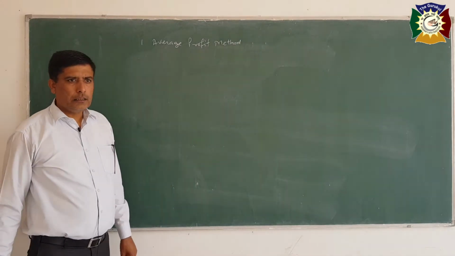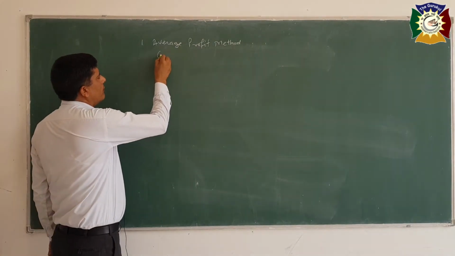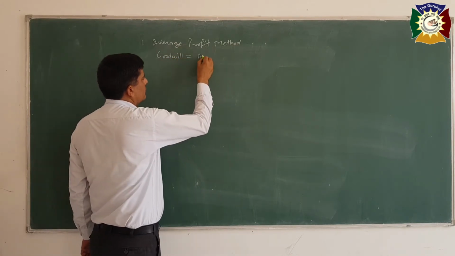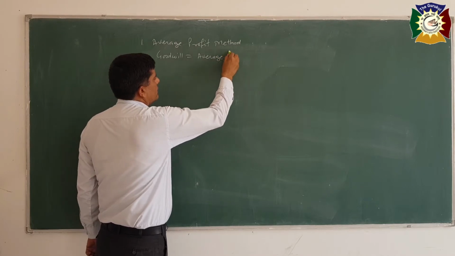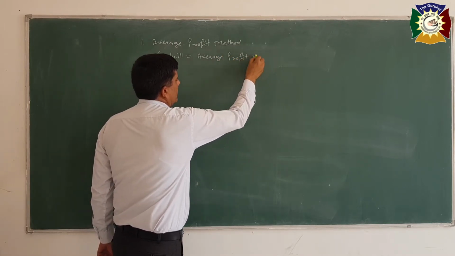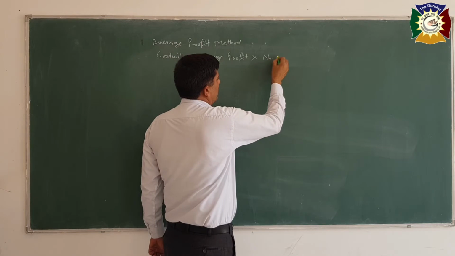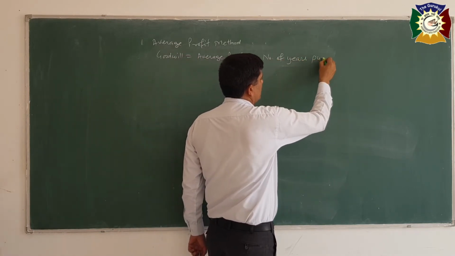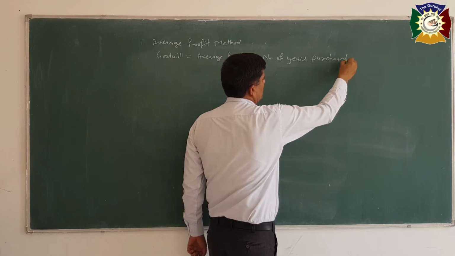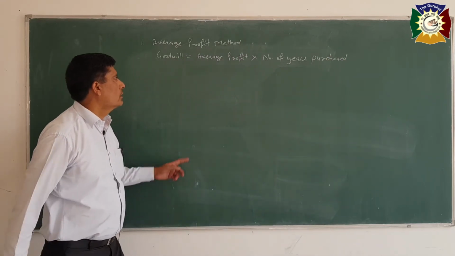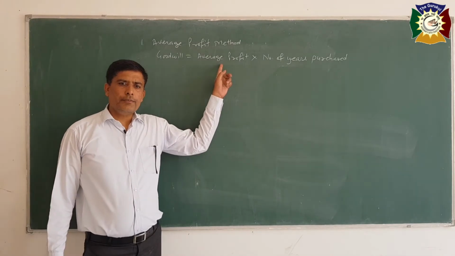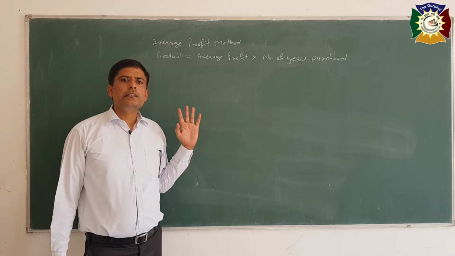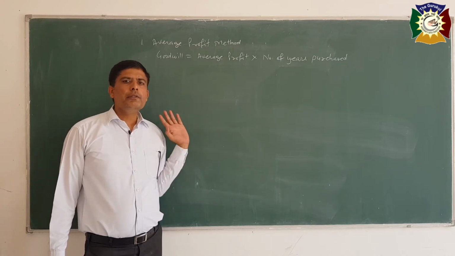Under this method, to calculate goodwill, we apply the formula: goodwill is equal to average profit into number of years purchase. This is the formula. First, average profit. If profits are given to us for the past 3, 4 or 5 years, first we will take the average.